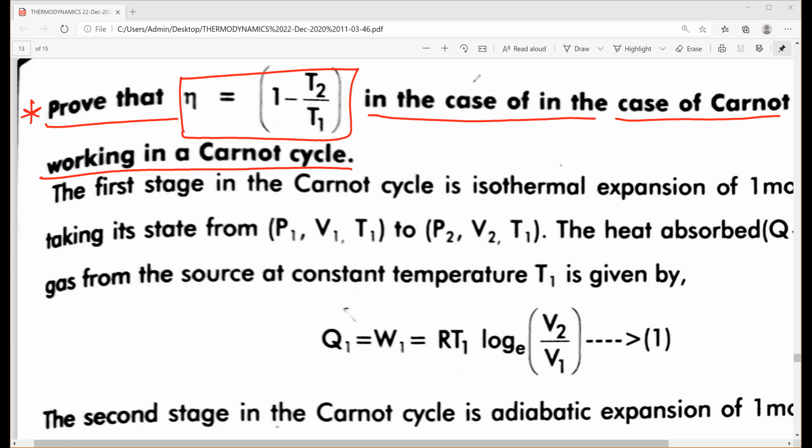So here again it consists of 4 stages. What is the first stage in the Carnot cycle? The first stage in the Carnot cycle is isothermal expansion.